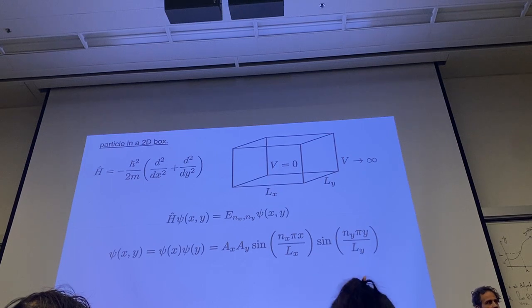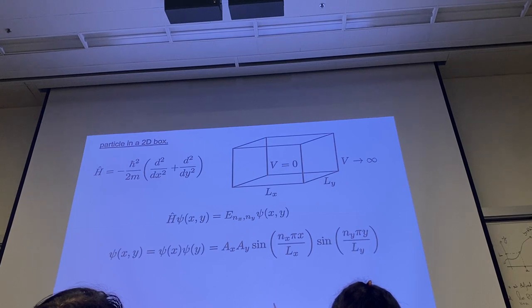I simply multiply the solutions for x and y together. In front I get prefactors. I don't care what they are at this point. You can figure that out. You can normalize this whole thing if you want. But there's a contribution from x and a contribution from y. So the general form of the two-dimensional solution in this two-dimensional box looks like this.